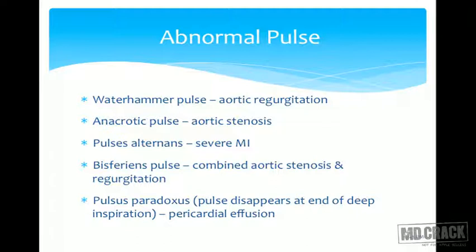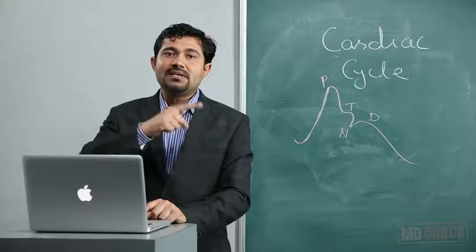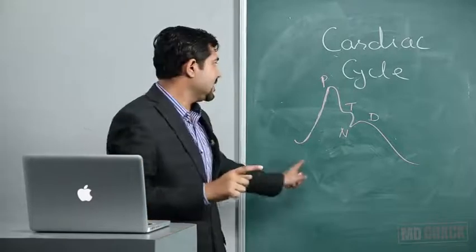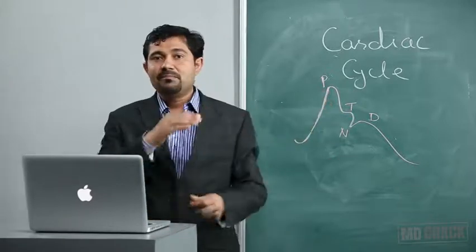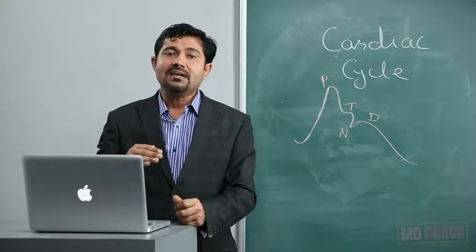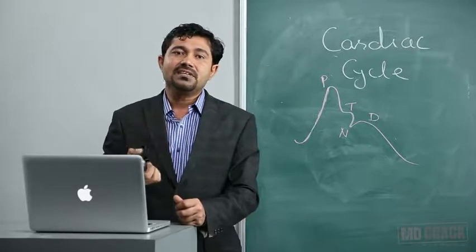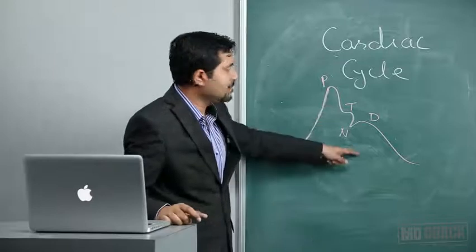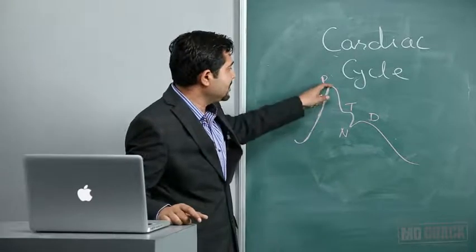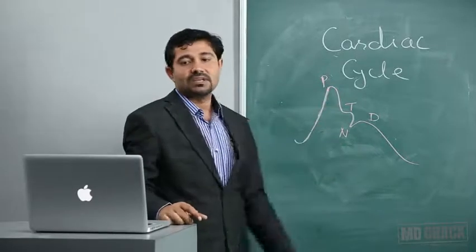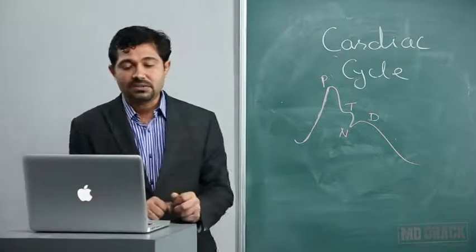At the same time the stroke volume is also increased. So if the stroke volume has increased, there will be a rapid ascent in the ascending limb. But since the blood is regurgitating back, the resistance will be decreased, and there will be a sudden fall in the pressure. So you will get a rapid increase and a rapid fall. It is called the water hammer pulse.